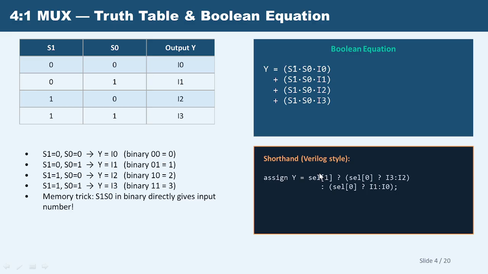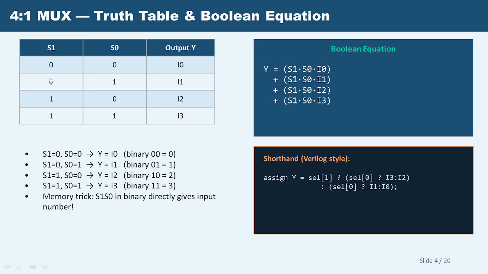If the condition becomes false, it goes to the second expression. Here, for the first truth table row, select 0 is also 0, so it becomes false, and it is going to I0, because it is the second option for select 0. False means the second expression, true means the first. So the y value is I0.